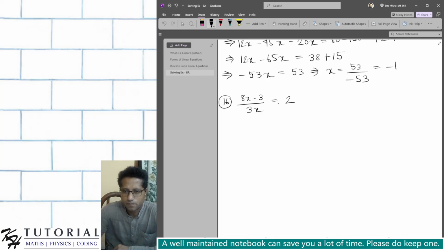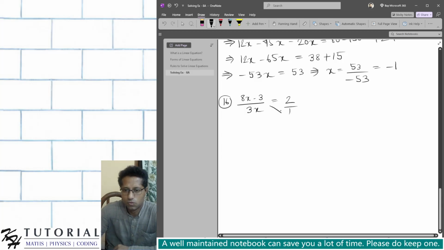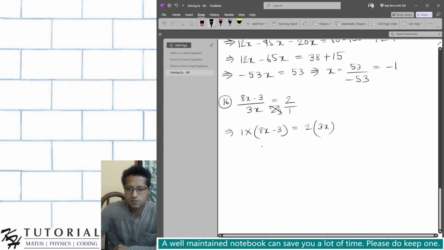So 2 you can consider as 2 by 1. So we will do cross multiplication, and we get 1 multiplied by 8x minus 3 is equal to 2 multiplied by 3x. So this implies the LHS becomes 8x minus 3 is equal to, the RHS is 2 into 3x, that is 6x.